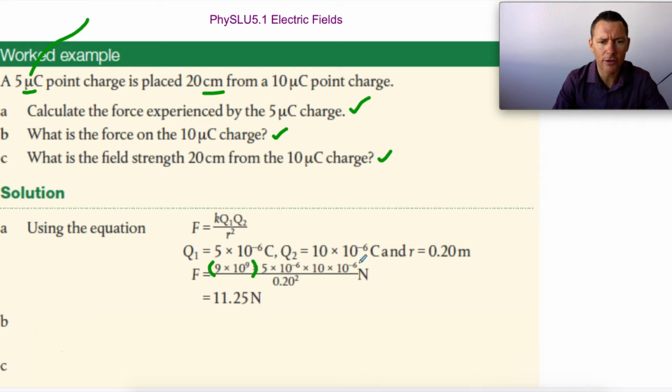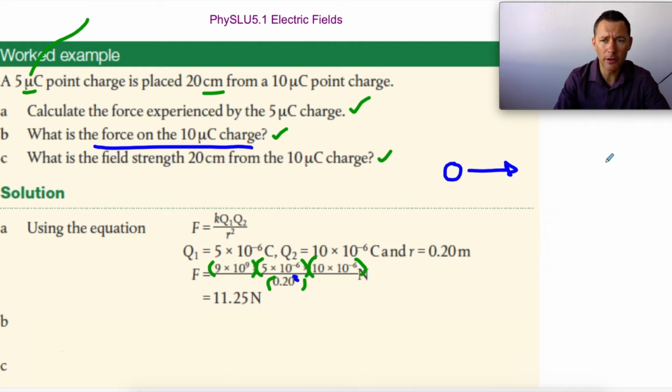That's the K value. This is the Q1 value. This is the Q2 value. This is R, and we remembered to square it. And if you multiply, you get 11.25 newtons. Great, that's how much force. So one charge feels that much traction on the other.